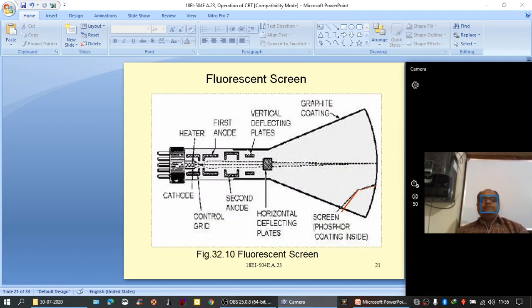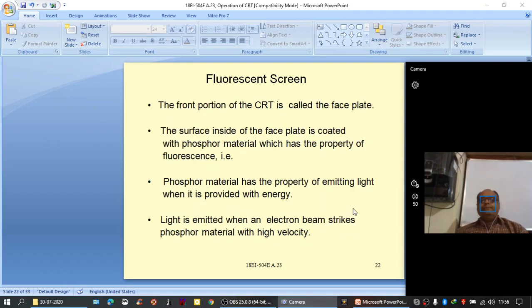Then, the next part, the fluorescent screen. The fluorescent screen, shown here, is coated with a material of phosphor on its inner side. The front portion of the CRT is called the faceplate.